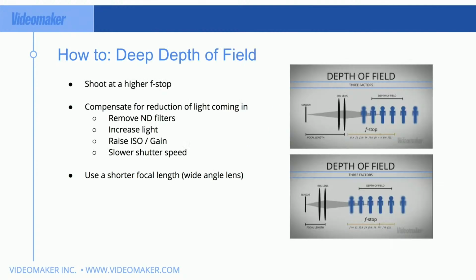Okay, so how to get a deep depth of field. Obviously it's the opposite of shooting shallow depth of field. Shoot at a higher f-stop, so the higher the f number, the smaller the opening in the lens, but the deeper the depth of field. So compensate for the reduction of light coming in by taking the ND filters off if you aren't already shooting them. Increase the light by turning your light up, getting it closer to your subject, whatever you can do.